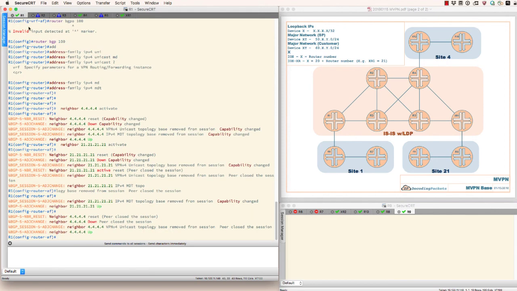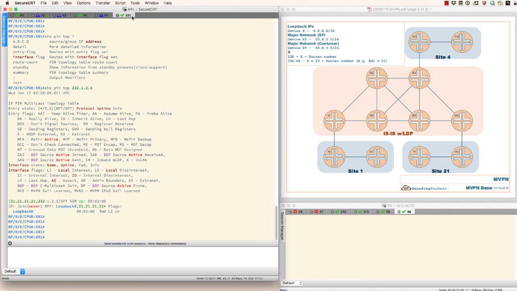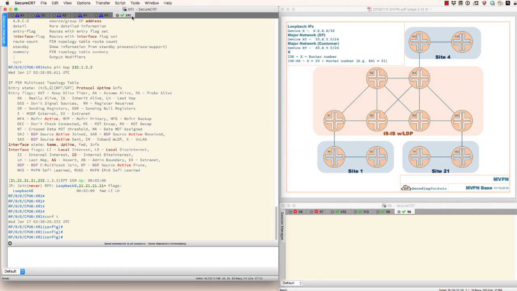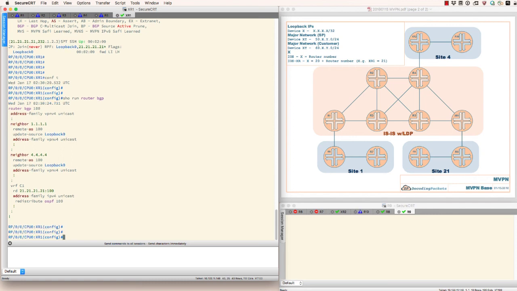So R1 seems to be happy with R4, R4 seems to be happy with R1, and XR1 is not happy with either one of them. So let's take a look at how we can fix our XR1 and show run router BGP. And this is going to go under the neighbor family here, and you would also have to activate the address family itself. So let's go ahead and do that.